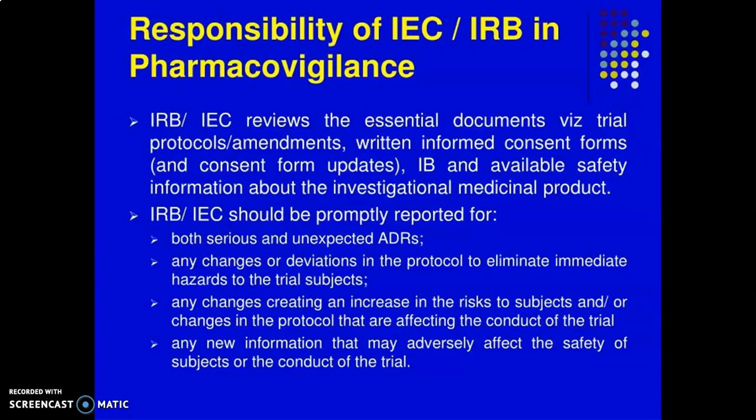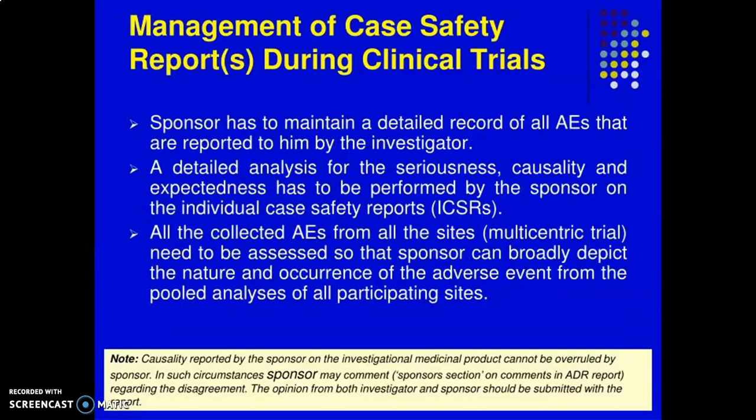Any changes or deviation in the protocol to eliminate immediate hazards to the trial subjects, they can inform. Any changes creating an increase in the risk to subjects, changes in the protocol if required, which can affect the trial, they can inform. And also any new information that may adversely affect the safety of the subject during the clinical trial. So they are free to inform without permission or rectification, otherwise the project cannot be continued.